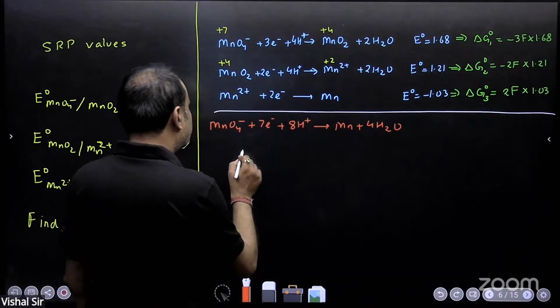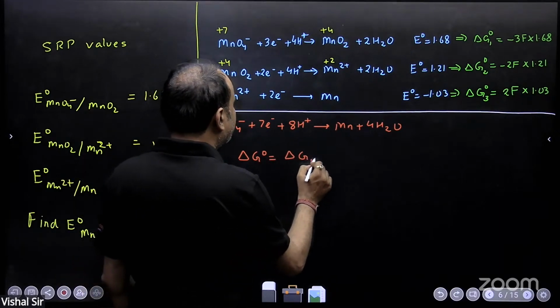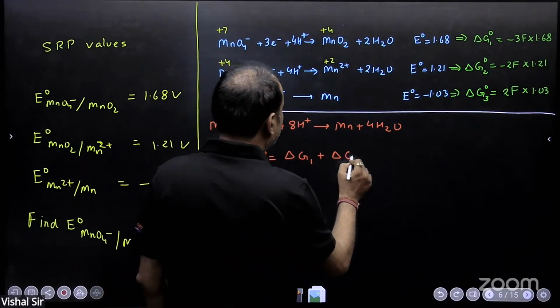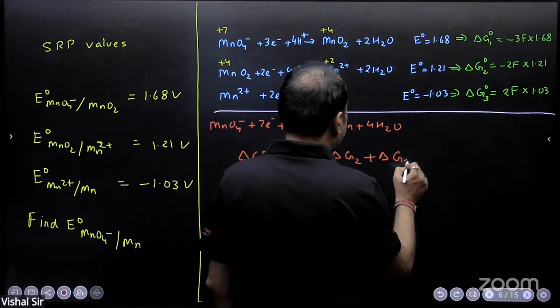And what will be its total delta G naught? It will be delta G1 naught plus delta G2 naught plus delta G3 naught.